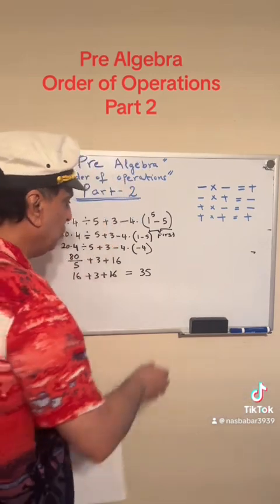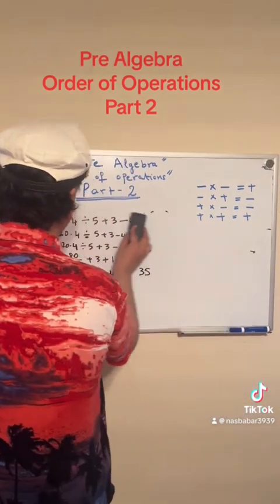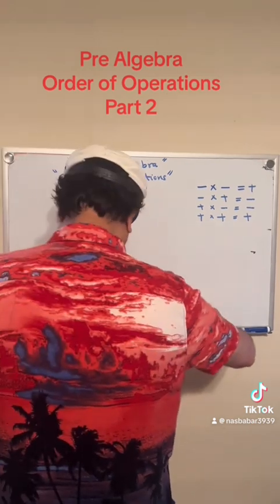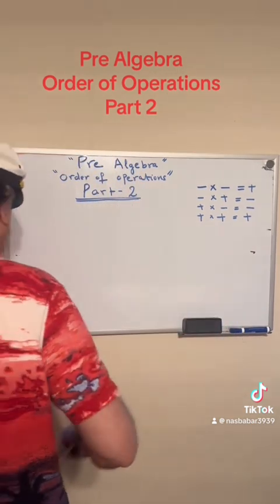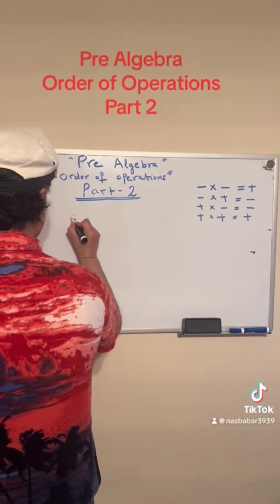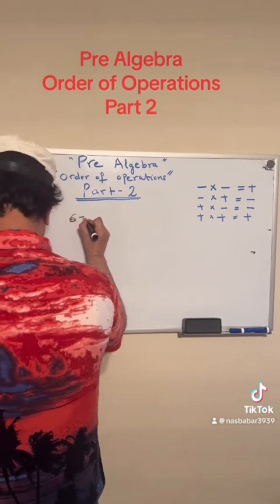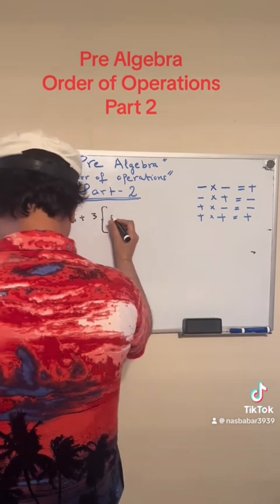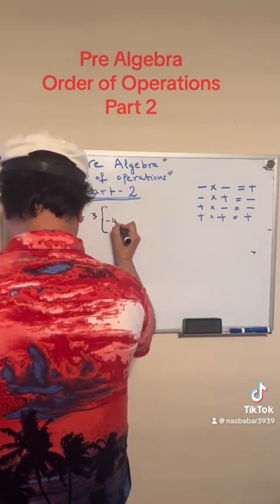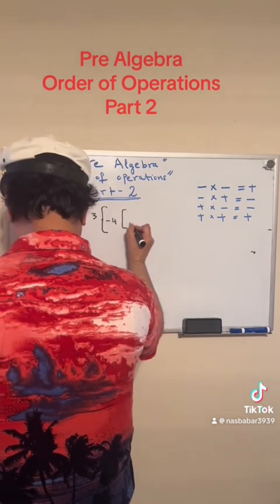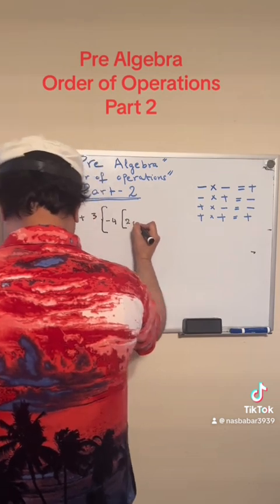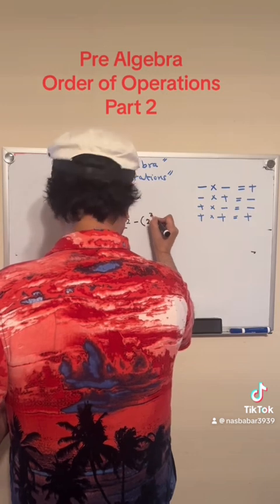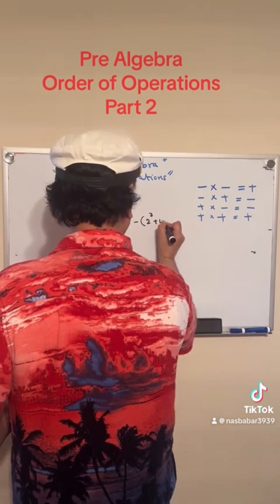Now let's go ahead and do one more, a complex one. Let's say we have 6 plus 3, I have this bracket, I have minus 4, then I have another bracket, 2 minus 2 cubed plus 4.